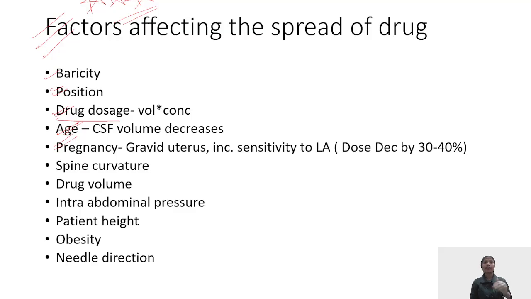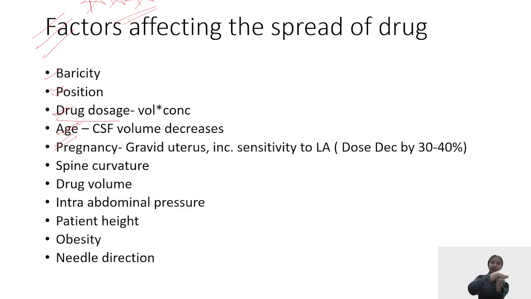Because the IAP is increased, the epidural space or venous plexus and the subarachnoid space are all compressed, and because of that compression you have more cephalad spread of the drug.